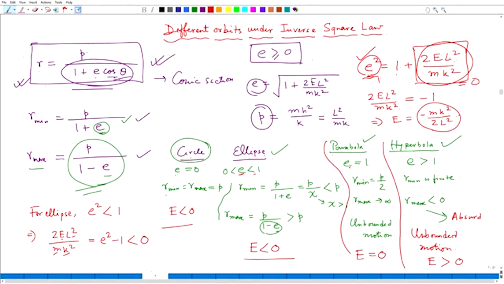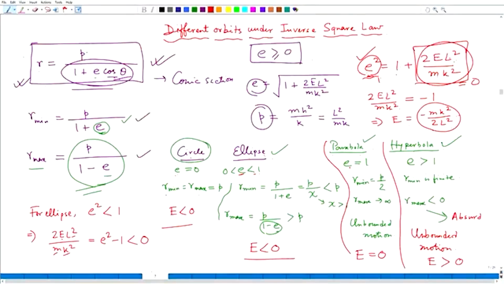Now, coming to a little more analysis. You now know under which conditions the trajectory will be an ellipse, when it will be circular, when it will be a parabola, and when it will be a hyperbola. We already know under which condition of energy the trajectory will be a circle, an ellipse, a parabola or a hyperbola.